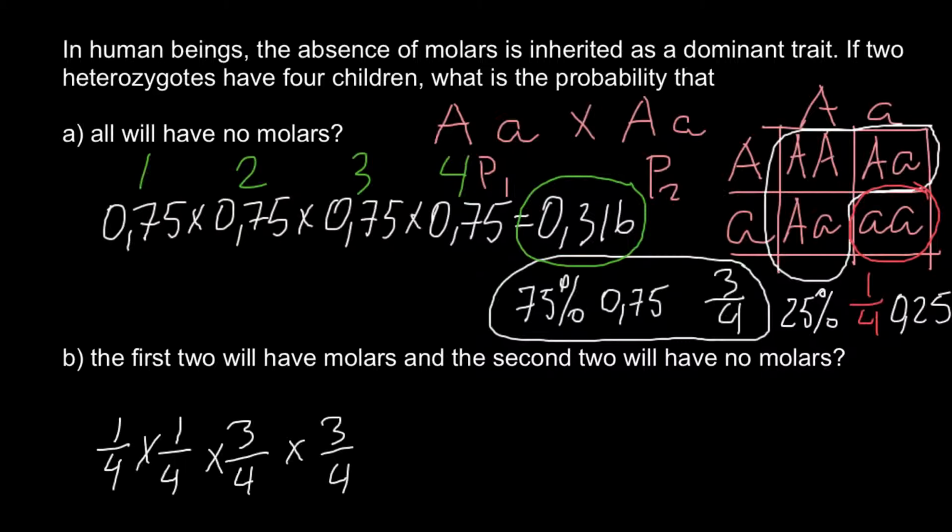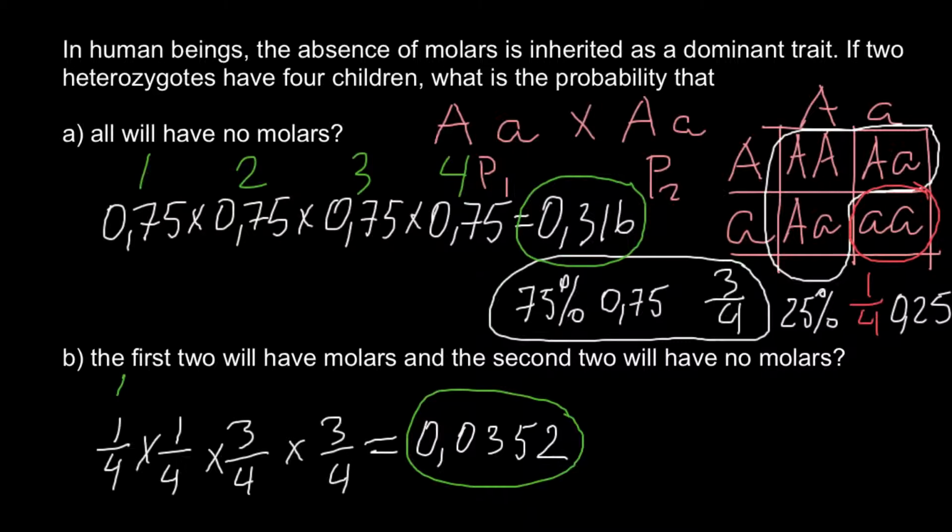So once again, we have to multiply all these independent probabilities, and this is how we are going to get our answer. The answer is 0.0352, and this is the answer for question B. So as you see, this is the first child, second, third, and fourth, and these are the probabilities. When order is given, we just have to multiply all these independent probabilities.